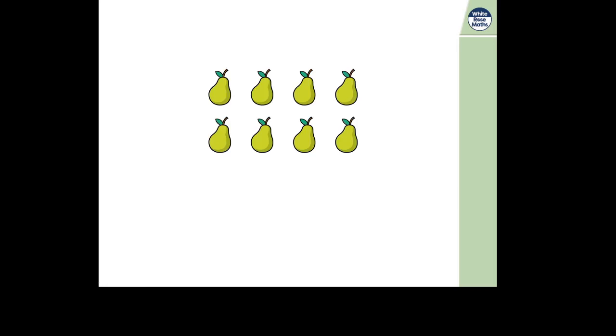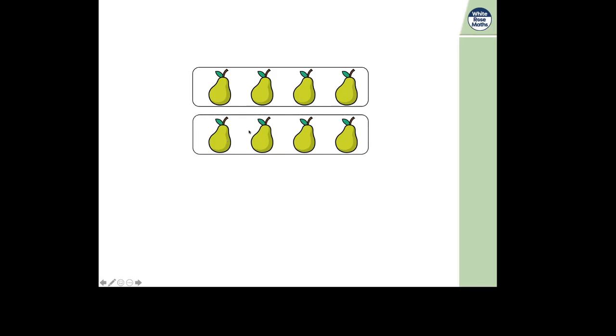So let's have a go with the pairs. Might be worth you making this in front of you if you can. So how many are there altogether? And how can we show that using some number sentences? So here we have one group of 1, 2, 3, 4 pairs, and another group of 1, 2, 3, 4 pairs.